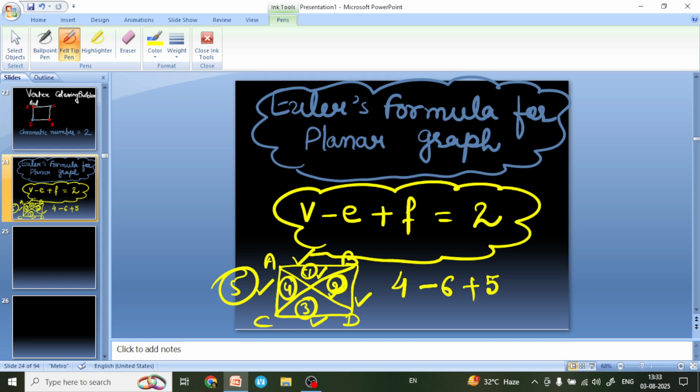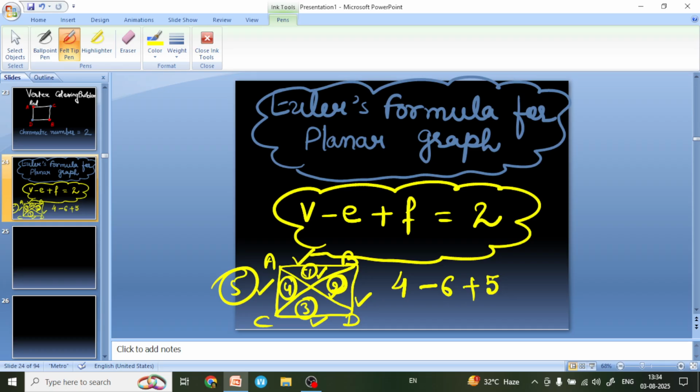When we check, these are the 1, 2, 3, 4 faces, 4 regions, and one is unbounded.